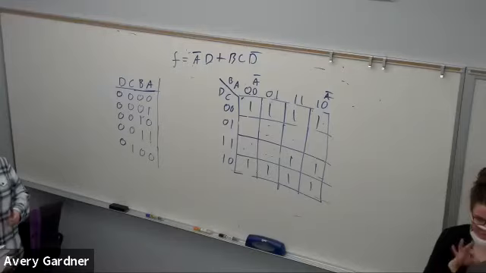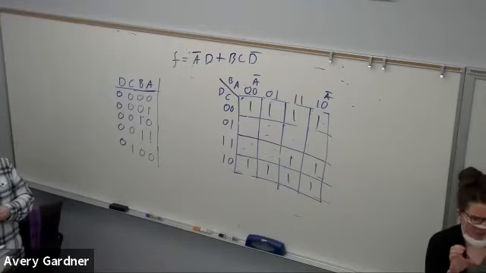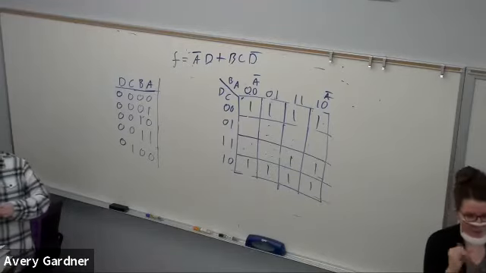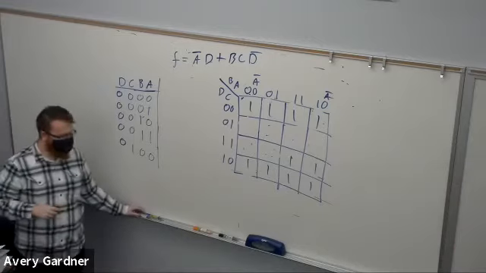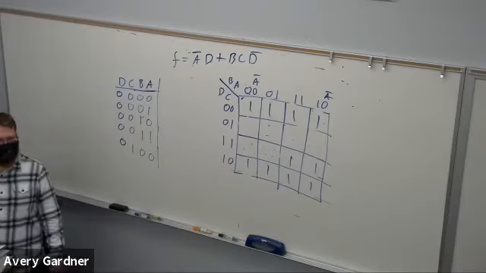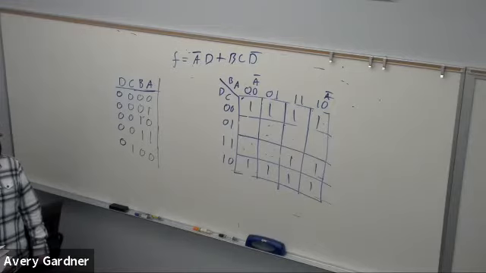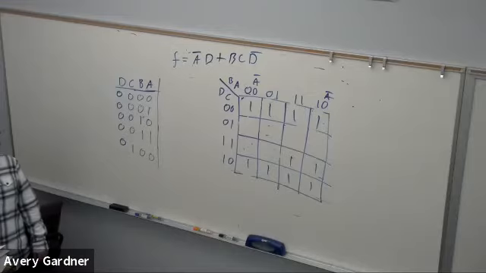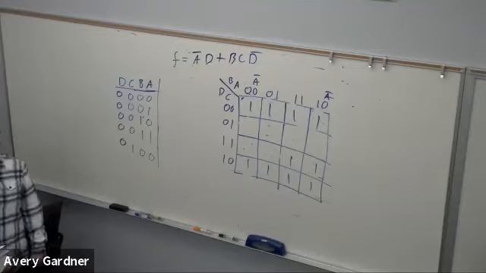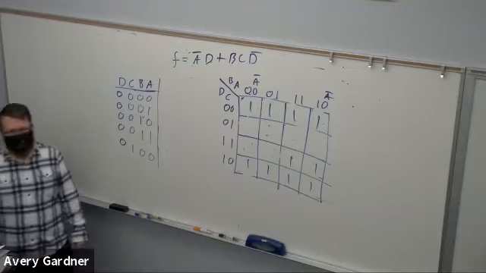And then in just about 30 seconds, I'll tell you how many implicants you should have. All right, who's feeling clever? Who thinks they know how many implicants is required?